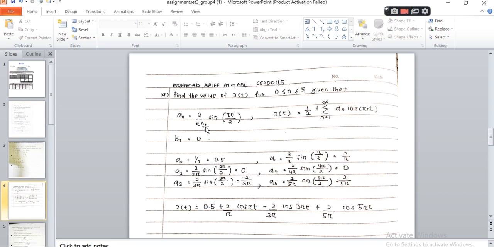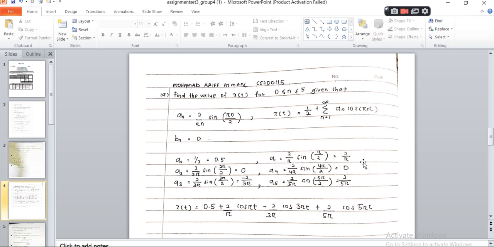We give a_n equals 2 over πn times sine(πn over 2), and we substitute all the values. We first get x(t) equals 1 over 2 plus the summation of n until infinity of a_n cosine(nπt). We substitute the values: b_n equals 0, and a_0 equals 2, so it will be 0.5 or half. For a_1 we found 2 over π, and a_2 equals 0, as we substitute the values of n.